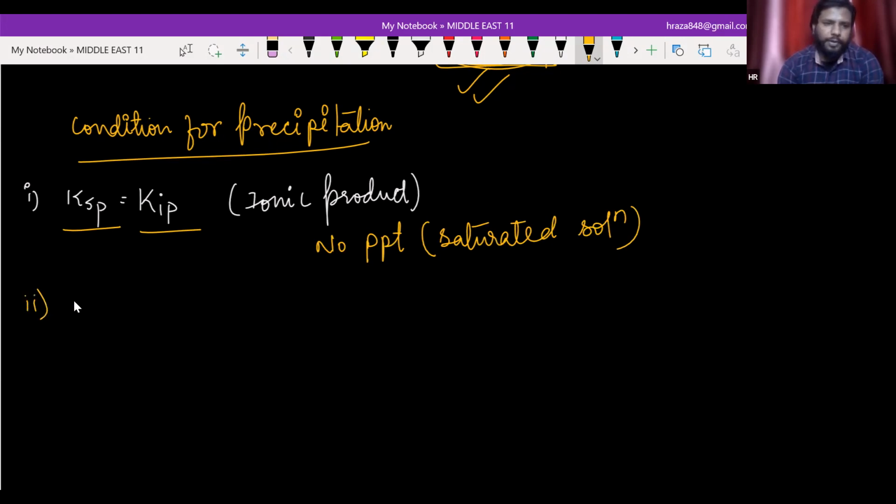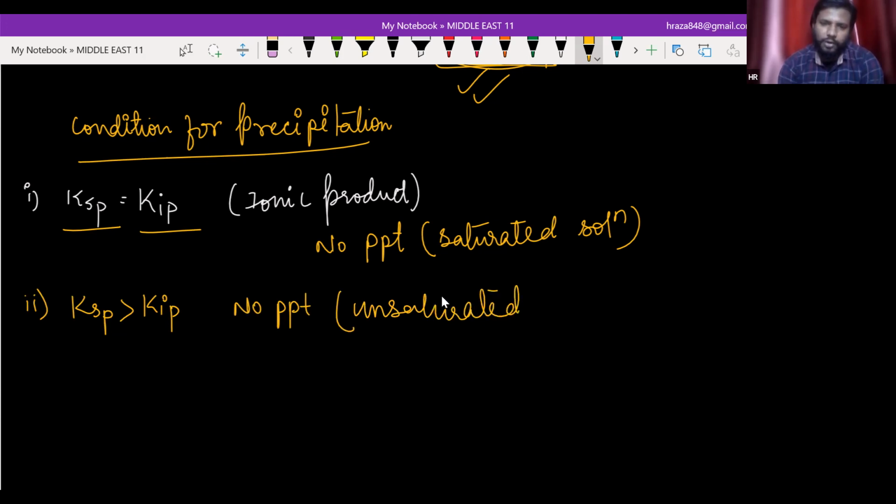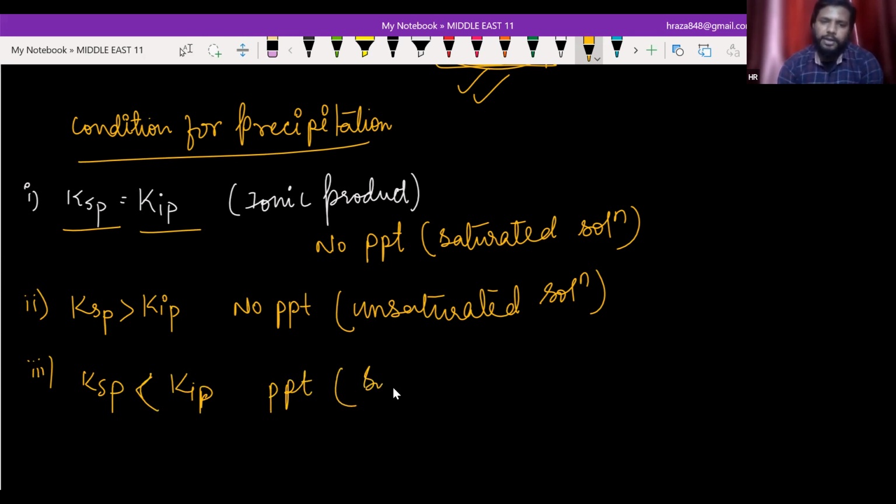If Ksp is greater than Kip, there will be no PPT also. No PPT means an unsaturated solution. And if Ksp is less than Kip, there will be PPT, and it is basically a supersaturated solution.